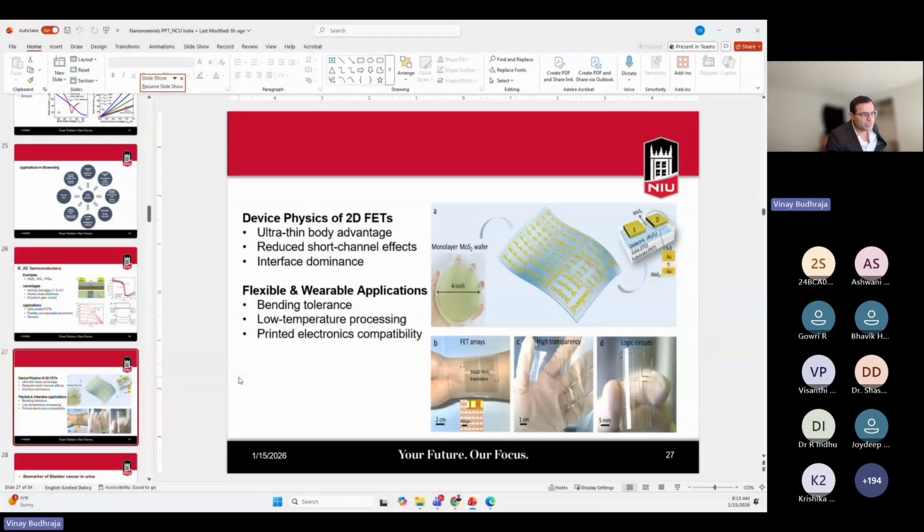In the figure, you can see the MoS2 based wafers are available on glass and on plastic sheets. They are ideal for transparent applications and easily compatible with plastic and low temperature substrates. Flexible and wearable applications like bending tolerance, low temperature processing, and printed electronics compatibility are available with MoS2. MoS2 is also possible with solution processing, so that gives low temperature advantages.